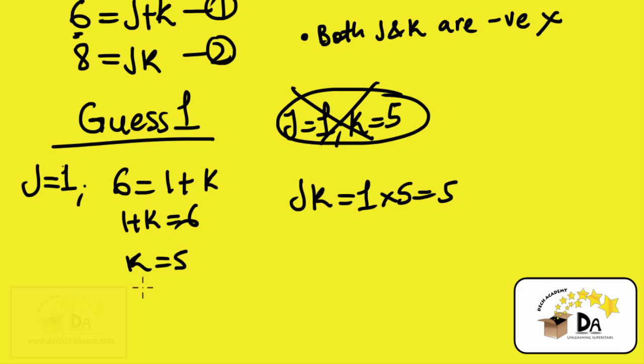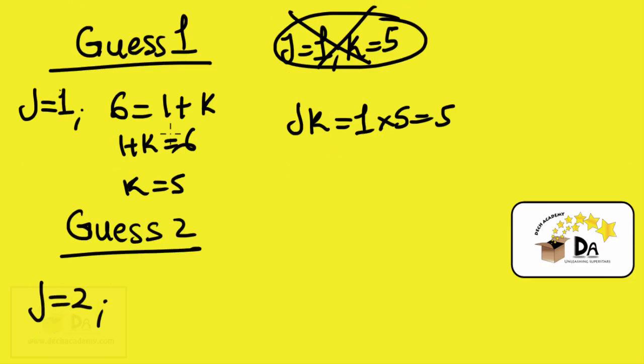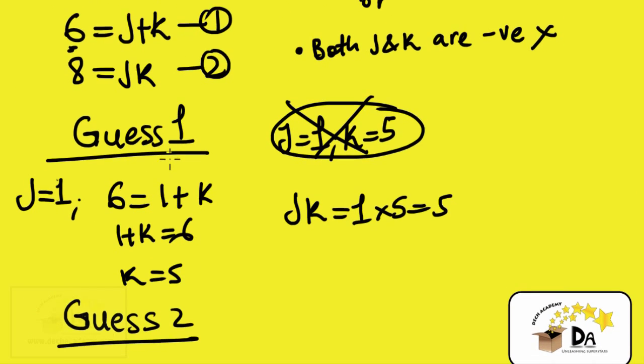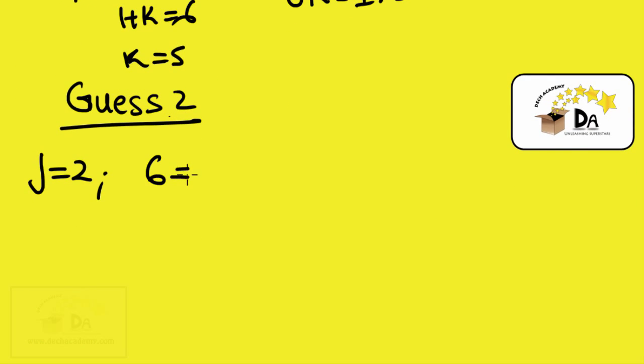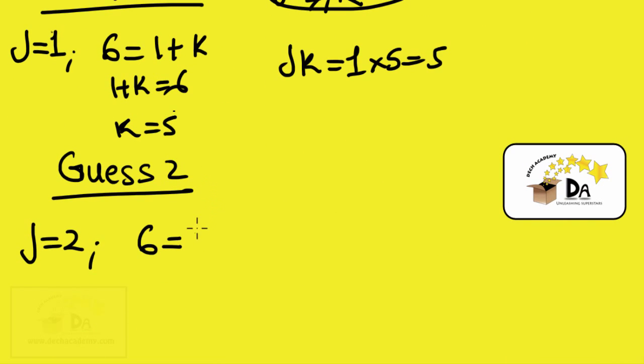So let's try another guess for j. Let's try j equals 2. Replacing j with 2 in equation 1 gives 6 equals 2 plus k. Why do I replace j with 2 in equation 1?